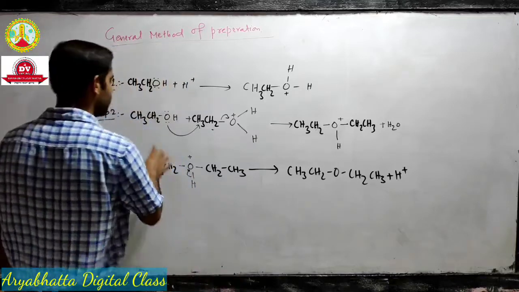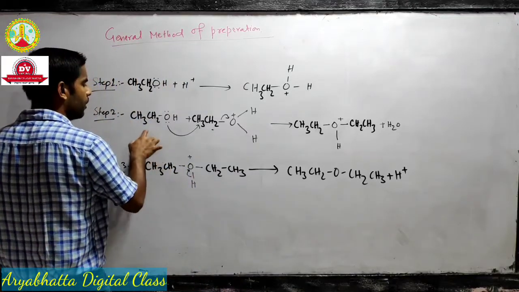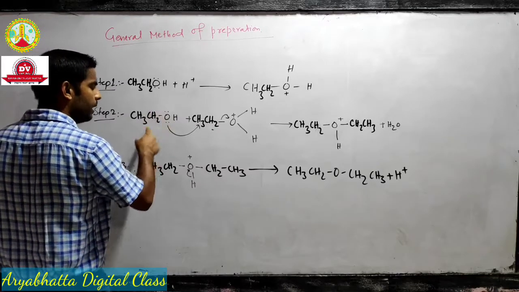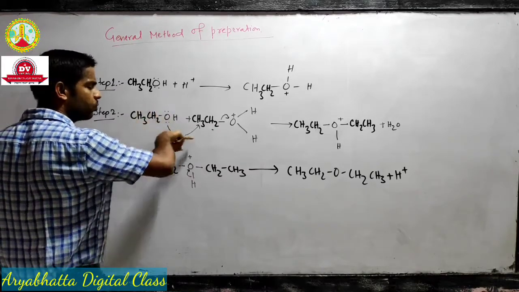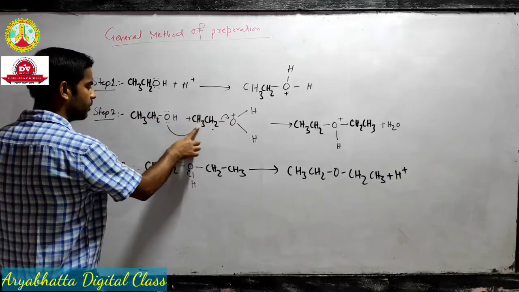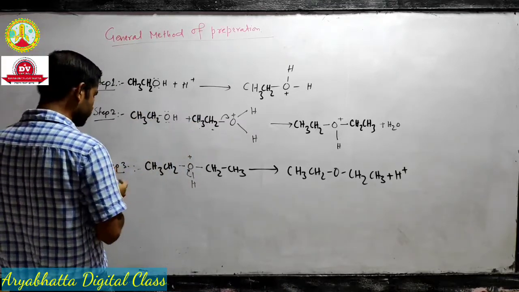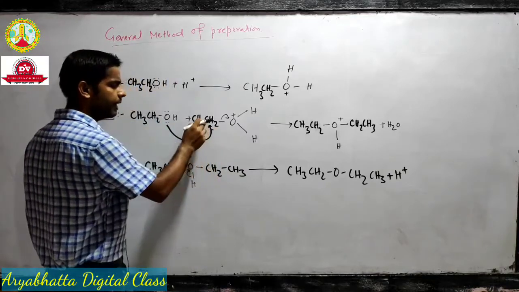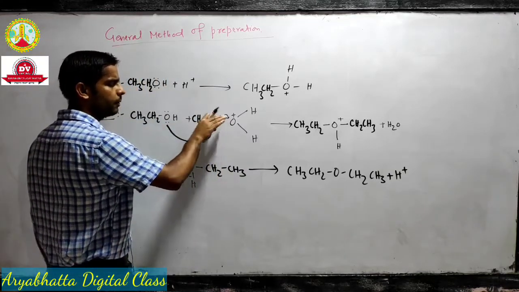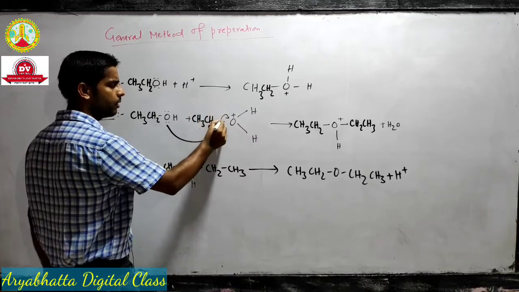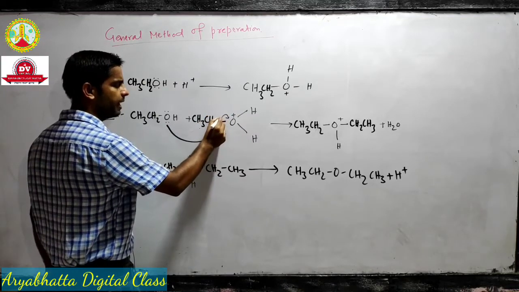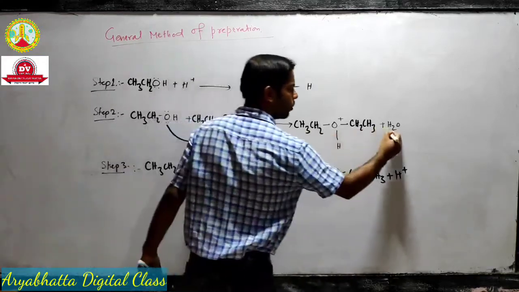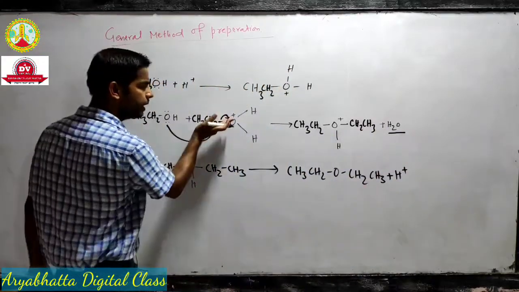But here, another alcohol molecule from the solution will behave as a nucleophile and will attack the adjacent carbon, this carbon. And why will it attack this carbon? Because this shared electron pair will be taken by oxygen, and oxygen will leave as water.